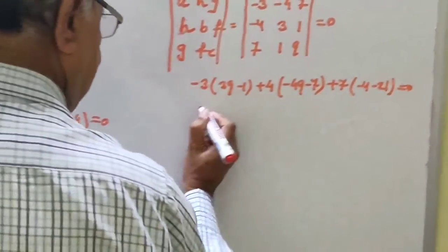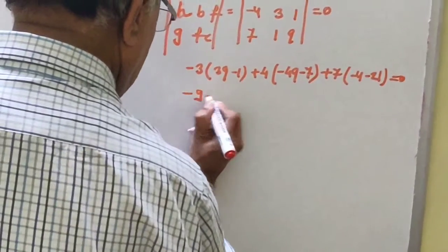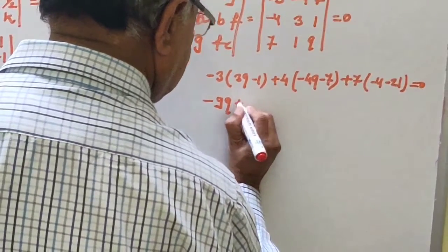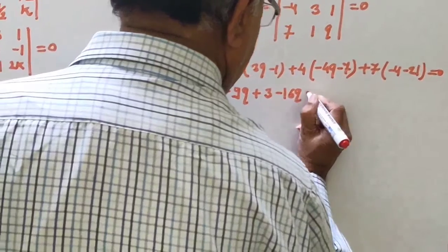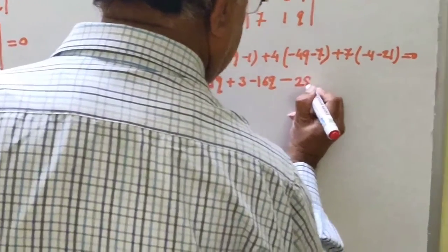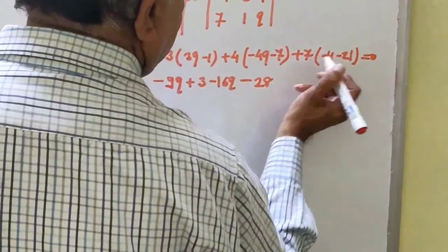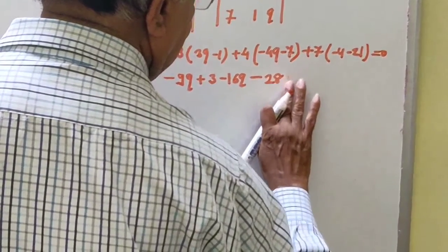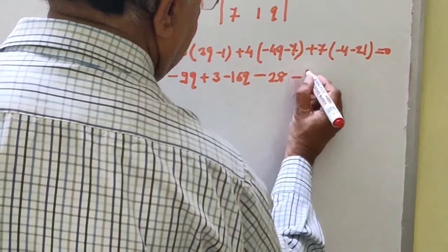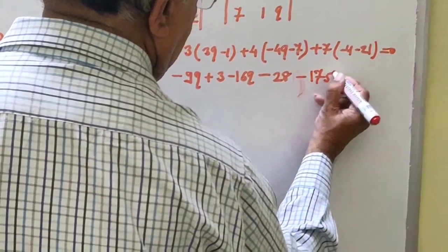What will come here? Minus 9Q plus 3 minus 16Q minus 28. This is 25. 25 7 ja 175, but it will come to be minus 175 will come here. Okay.